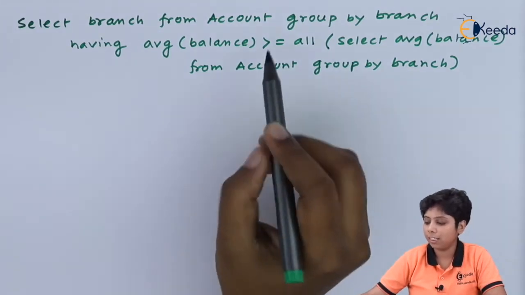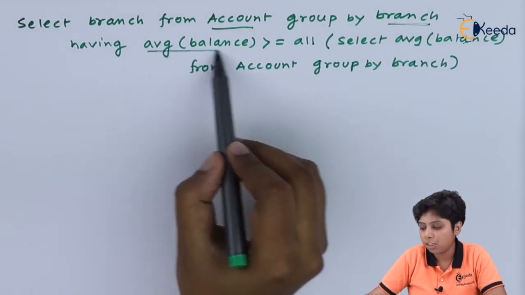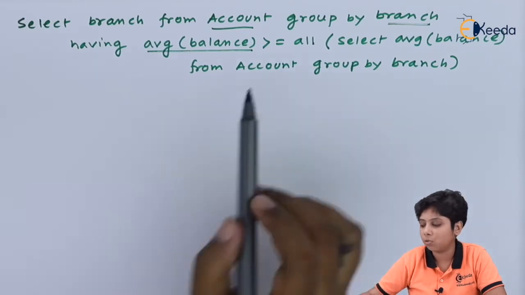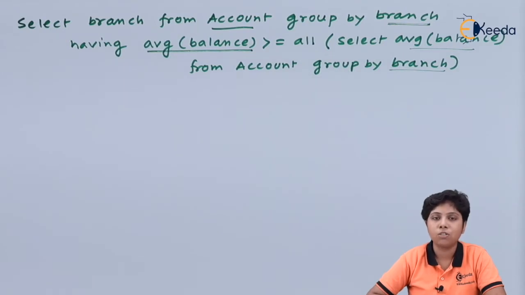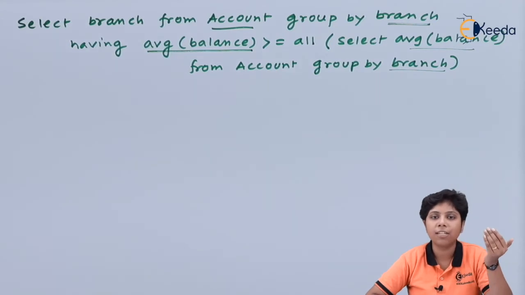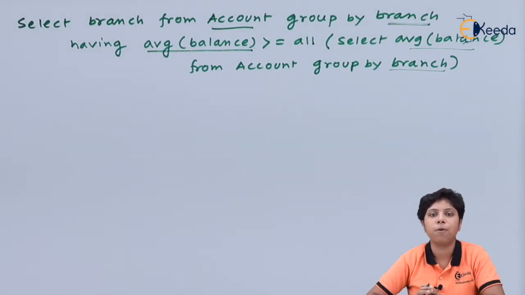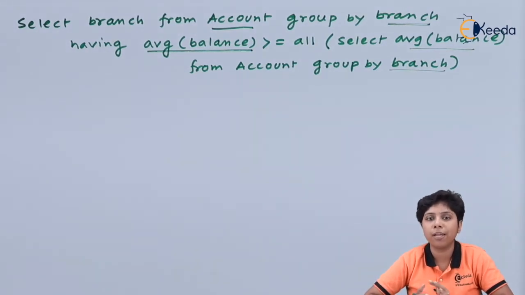So we are first selecting the account grouped by the branch name and then having the average balance of that particular branch greater than equals to all of the average balances of the branches. If the branches are like Delhi, Kolkata, Chennai, Mumbai and Pune, there are 5 different branches, 5 different average balances, and we will select the highest one along with the branch name. In this way we can use the set comparison in group by and having clause as a replacement of the max operation.